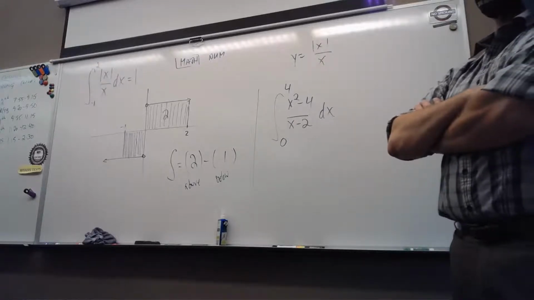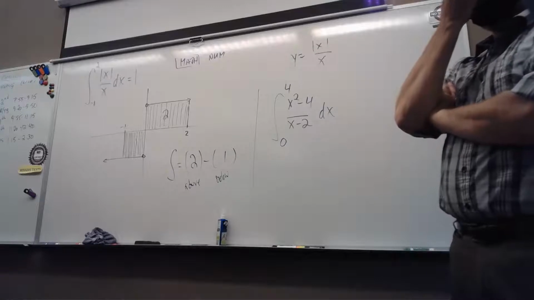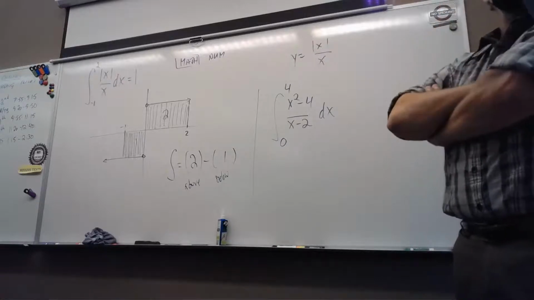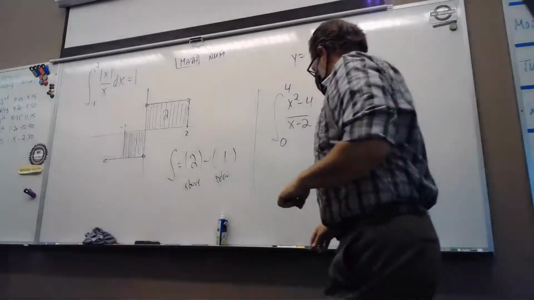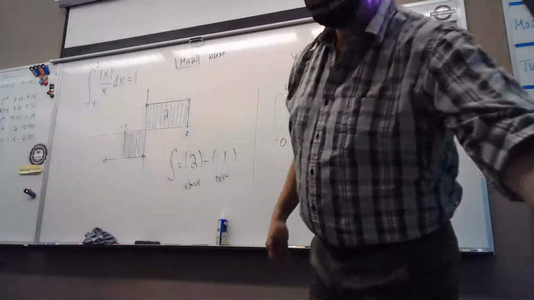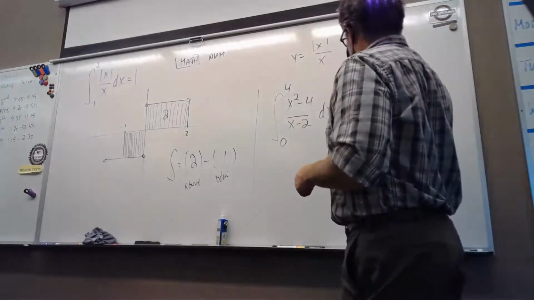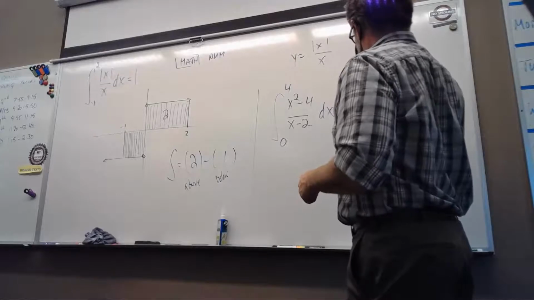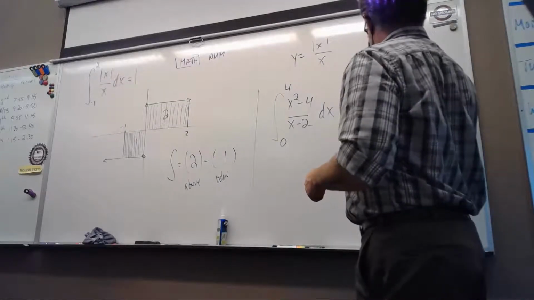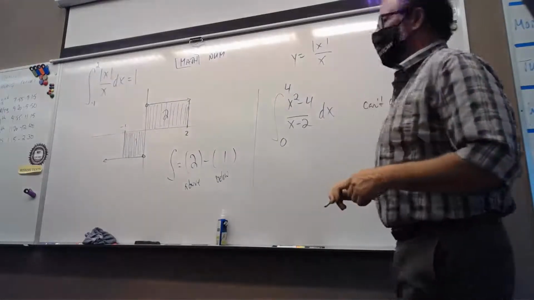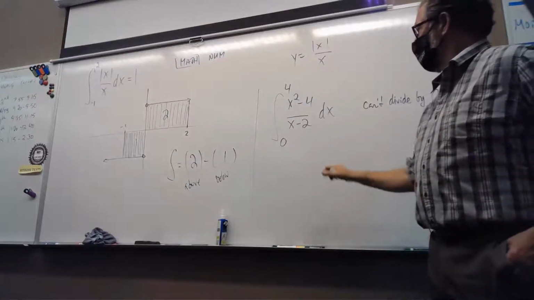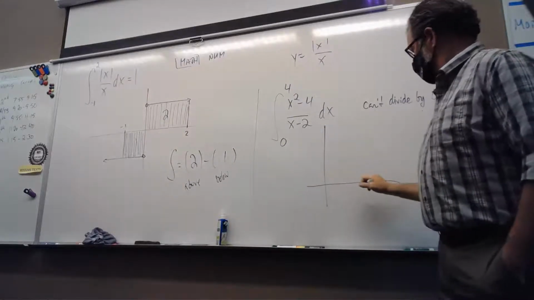That's what your calculator said? Can't divide by 0? Why did it say that? Because 2 is in the domain.